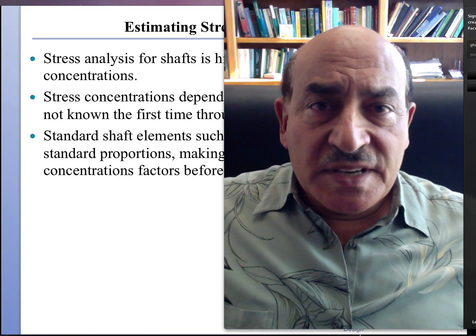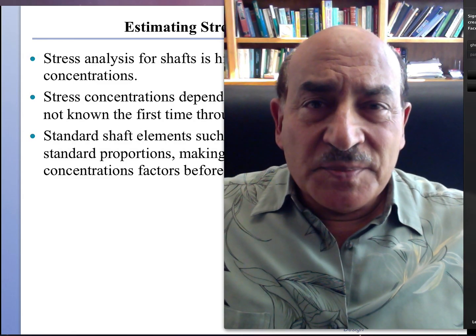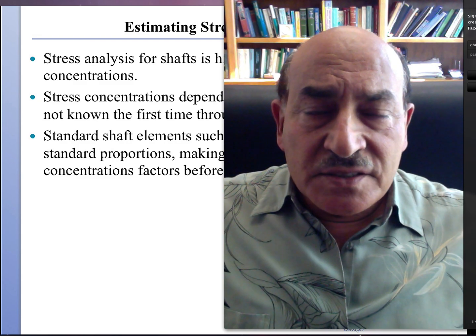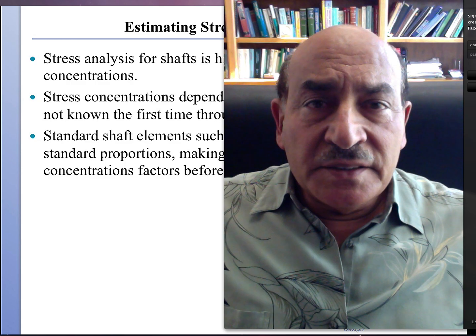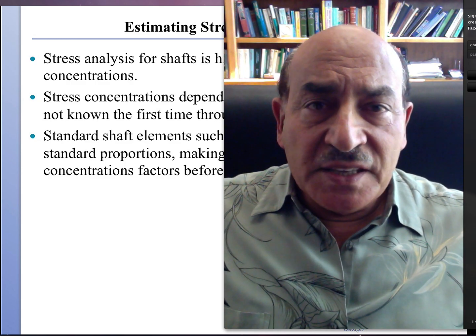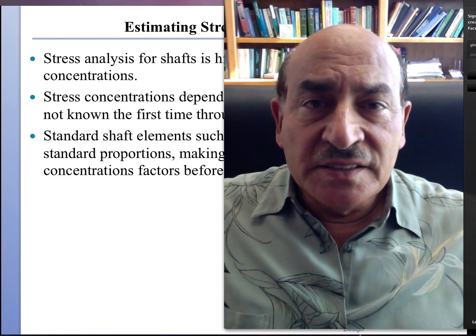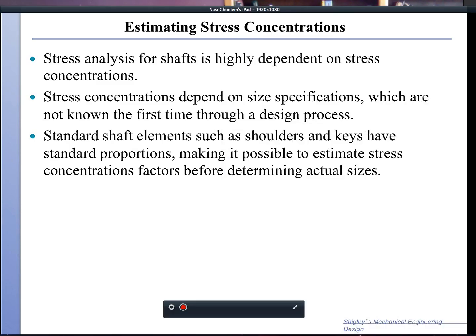So the design procedure starts with an assumed set of typical stress concentration factors for tensile and shear type loading, and those will be improved or changed as we iterate and change the size and or the material for the shaft. So that's the procedure that we will have.